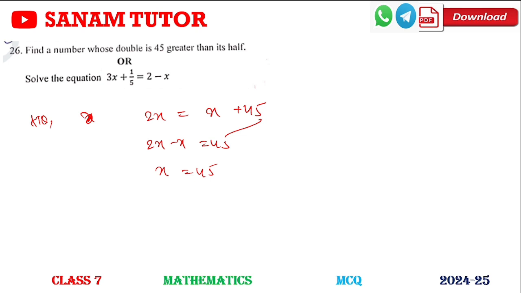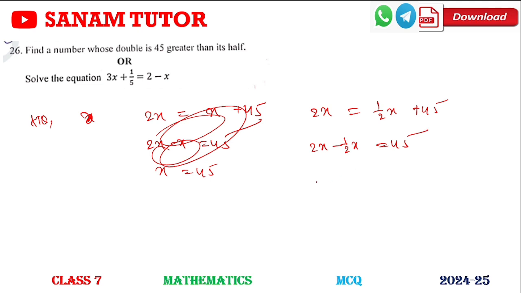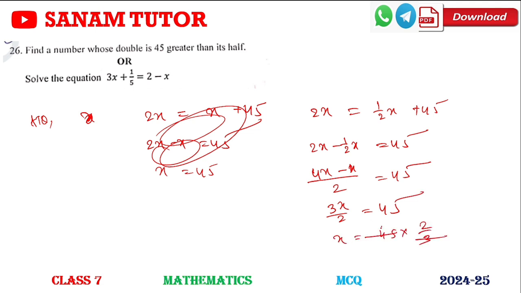Sorry, it is half. The double is 2x, equal to, 45 greater than means plus 45, then its half. Half means 1 by 2 x. So now 2x minus 1 by 2 x equal to 45. Now take LCM 2: 4x minus x by 2 equal to 45. Now 3x by 2 equal to 45, x equal to 45 into 2 by 3, 3 15s, that is 30. So the answer is 30.